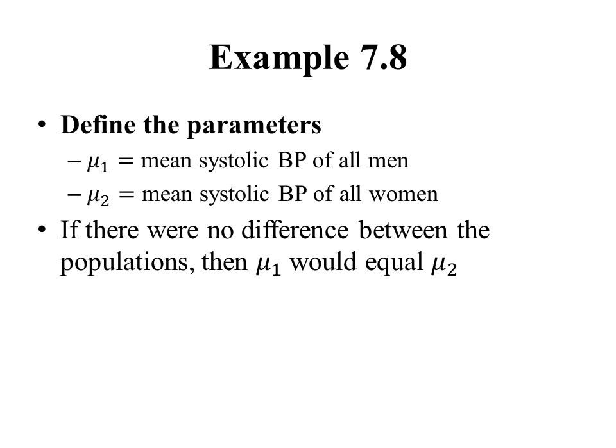Now the next step is to set up our hypotheses, and as always the null hypothesis is going to be the general statement that there is no difference or there is no change. So if there is no difference between these two populations, then mu1 would equal mu2. And so our null hypothesis in mathematical notation will be the statement that mu1 equals mu2.